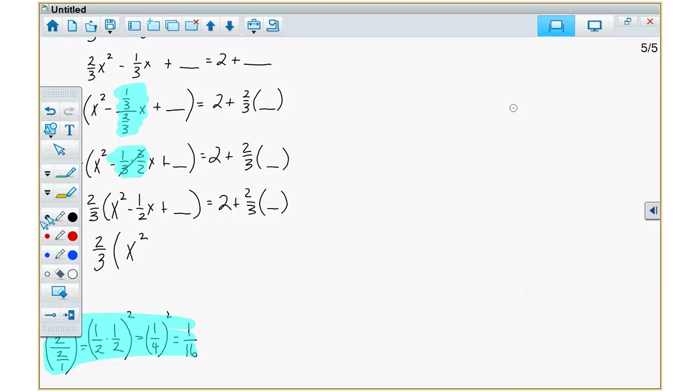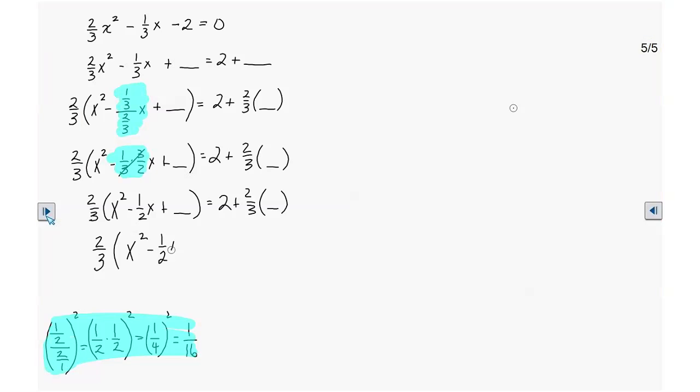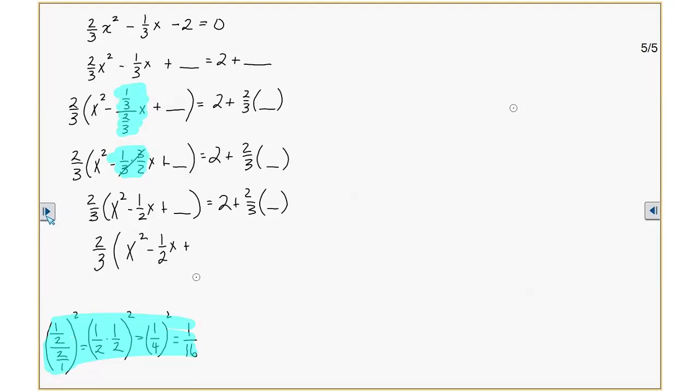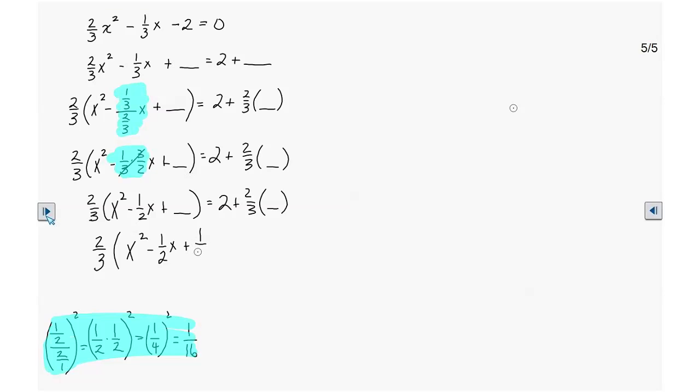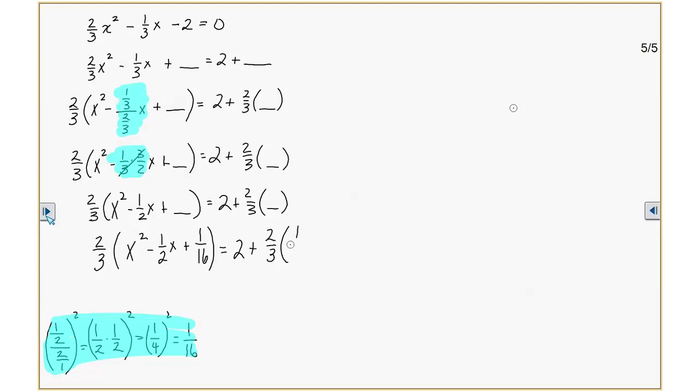So, minus 1/2 x plus what? 1/16 equals 2 plus 2/3 times what? 1/16.